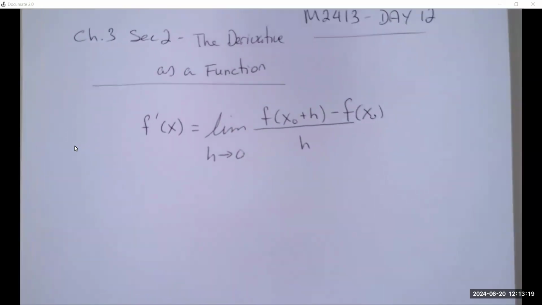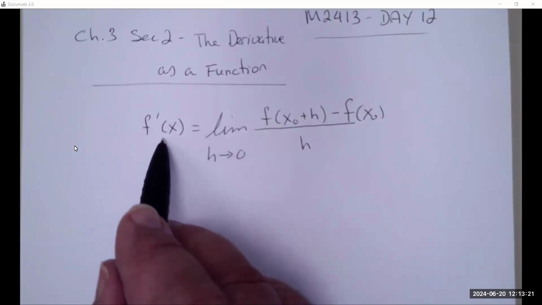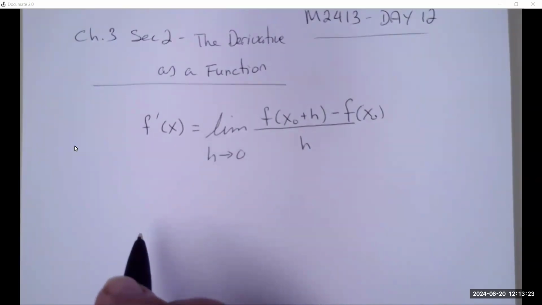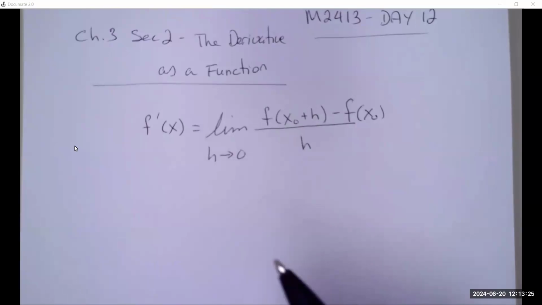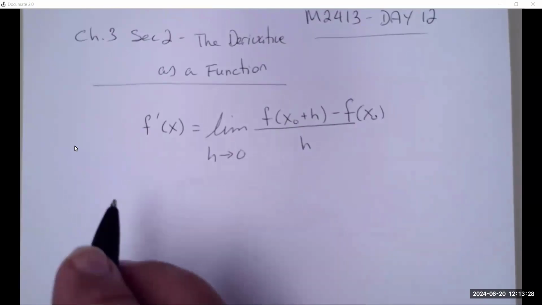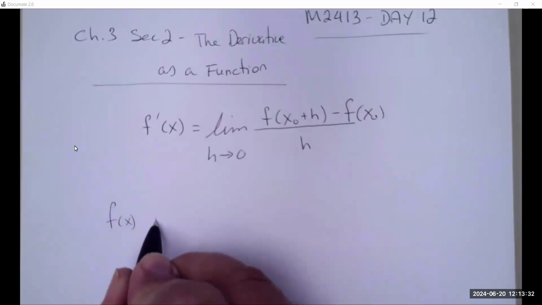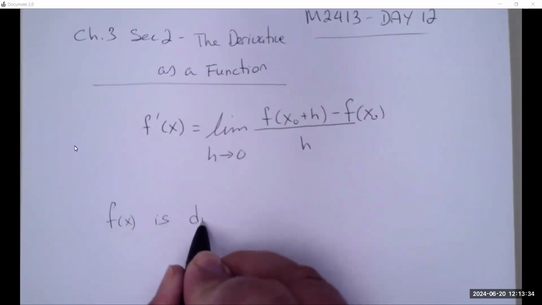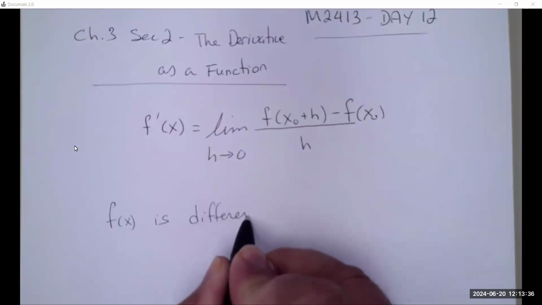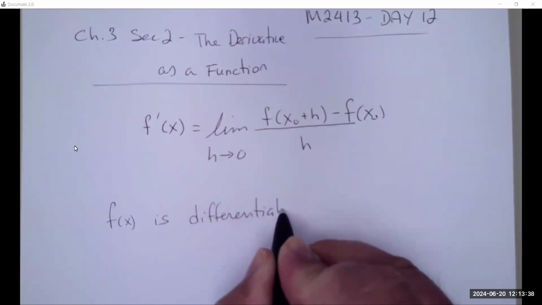Here's some terminology. If the derivative exists, and we get some situations where it doesn't exist, we say that the function is differentiable.